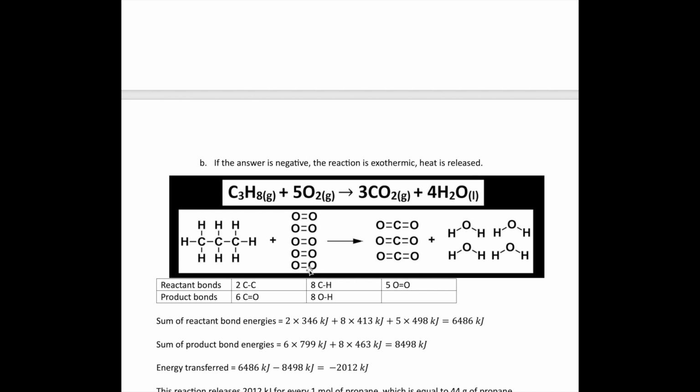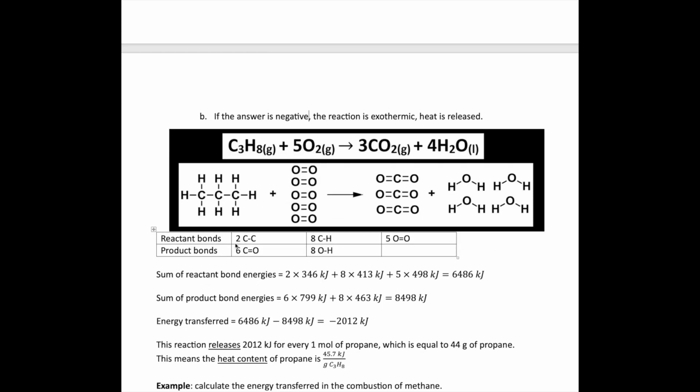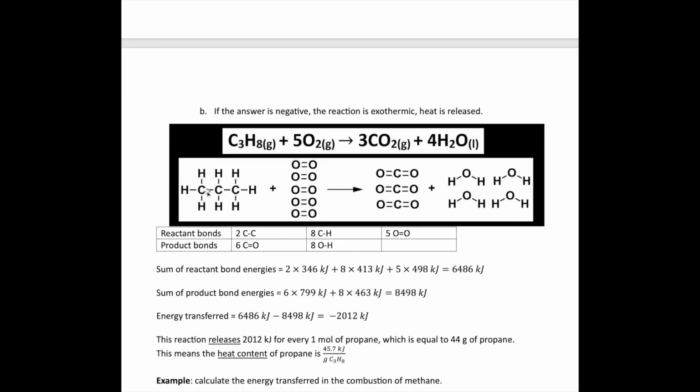Here, we're listing that there's 5 of these oxygen molecules because that's the coefficient of the oxygen, 3 carbon dioxide, and then 4 waters. So what we need to do is tally up all of those numbers. We have to count here what kind of bonds we have. So we have a carbon-carbon single bond, and there's 2 of them. So we say 2 carbon-carbon single bonds. This is on the reactant side.